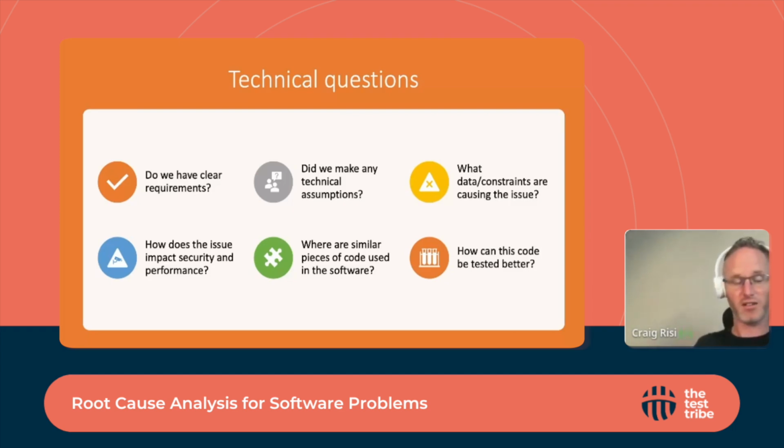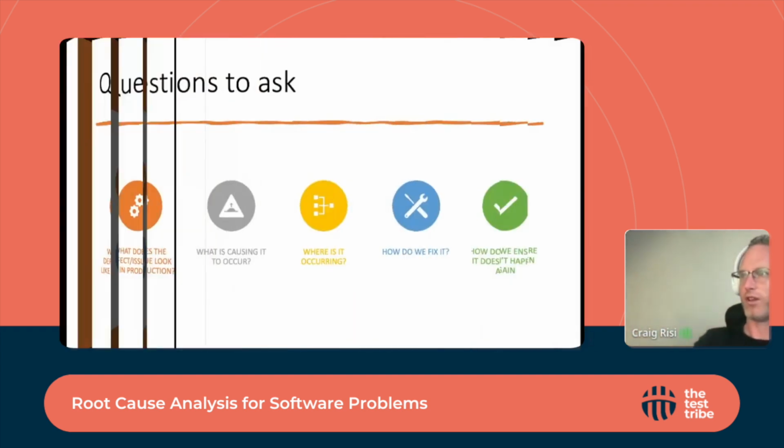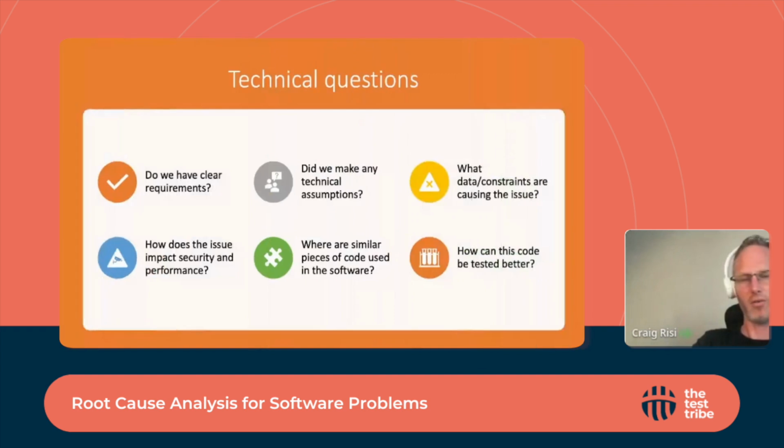Did we make any technical assumptions? So again, we're not just going from these questions, which I think are quite common. We're going into asking deeper questions. But what technical assumptions did we make? Was it something around our dependencies? Maybe how we thought this other team's API would work, how we thought this integration would work, how we assumed the data would look based on what it told us, or did we really know how things were made?